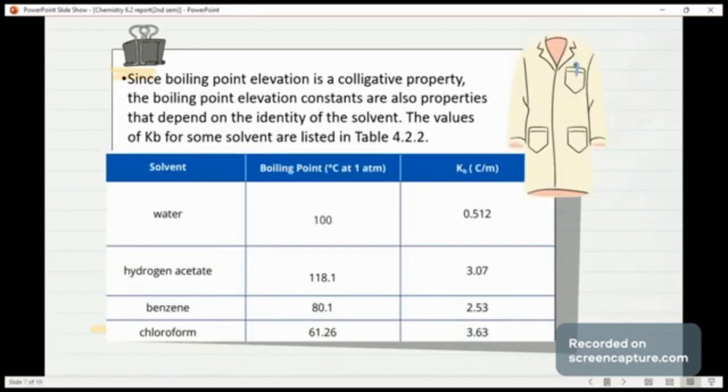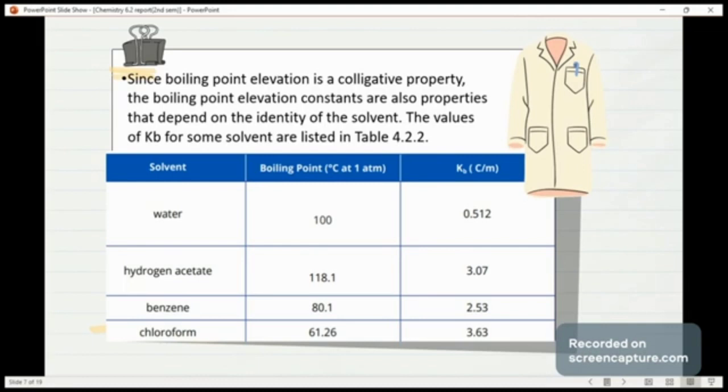Since boiling point elevation is a colligative property, the boiling point elevation constants are also properties that depend on the identity of the solvent. Here the values of boiling point elevation constants for some solvents are listed. For the solvent water, the boiling point at 1 atm is 100 and the boiling point elevation constant is 0.512.